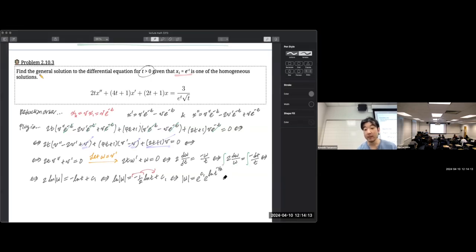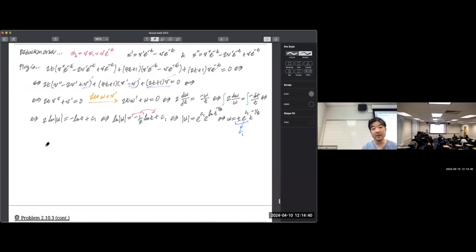And you can drop the absolute value. So you'll say w is plus or minus e to the c1. The e and the ln's cancel, so this will just be t to the negative 1/2. But then I'm going to redefine this as a new constant c1. This is just an arbitrary constant anyways.